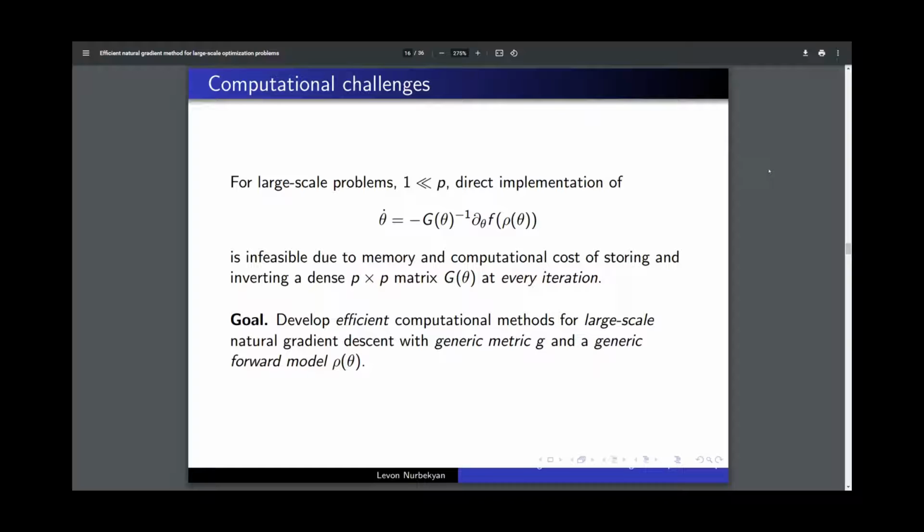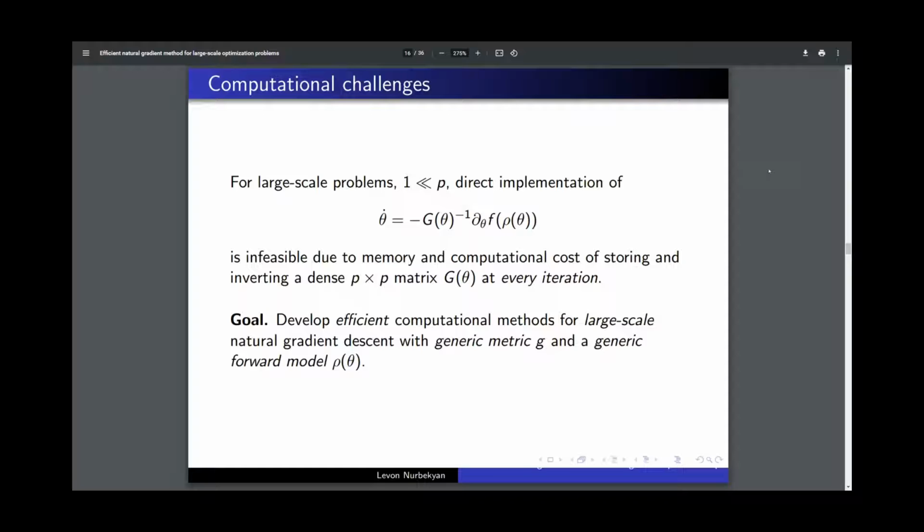In general, if your parameter size is large, first of all, building this correlation matrix, then inverting it and storing it is going to be computationally intensive, and it's in general a dense matrix because it's like an inner product, it's a Gramian matrix. So our goal in this project was to develop efficient computational methods for large-scale problems where theta, the parameter size, is very, very large.